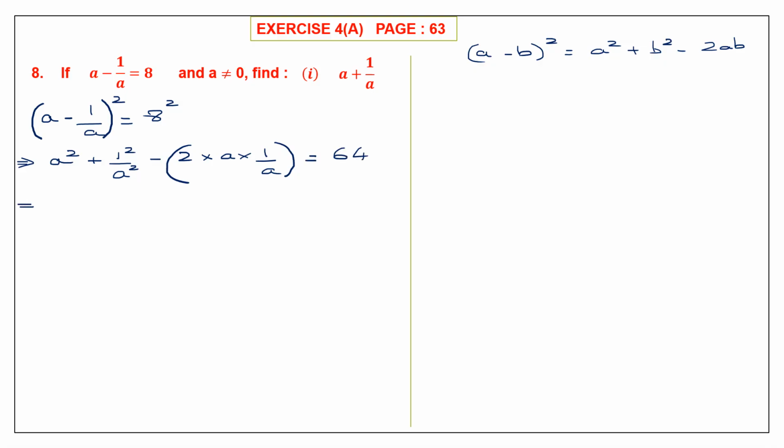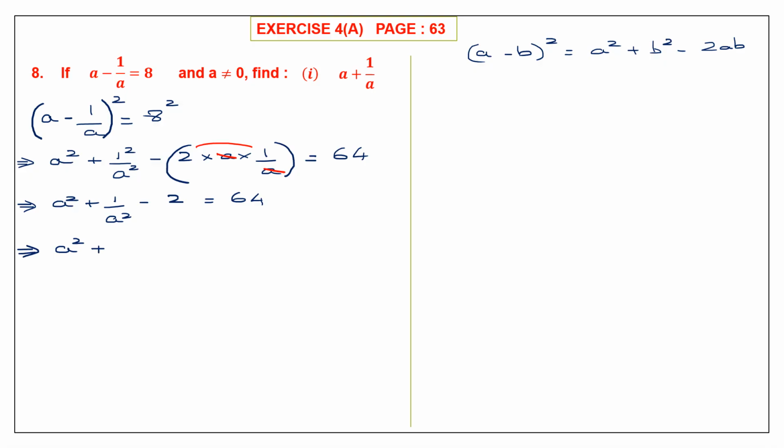Now let's simplify this here. So here we have a square plus 1 by a square minus, now if you look at this, here we have 2 into a into 1 by a. We can cancel the a's. So the a gets removed. We just multiply 2 into 1, which is 2. And this is equal to 64. Now we're going to keep only a square plus 1 by a square here.